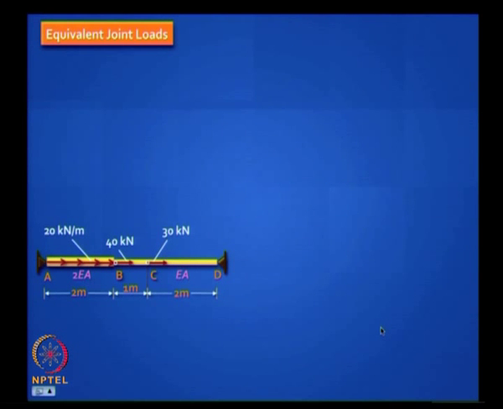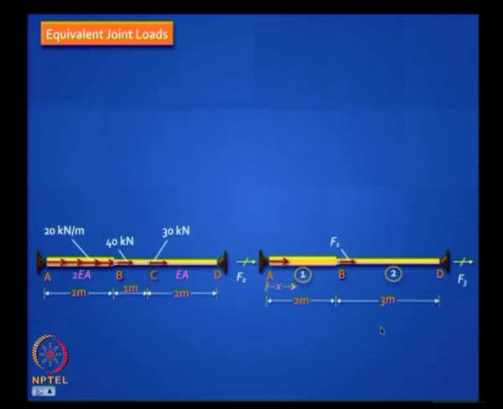What is the idea of equivalent joint loads? You want to get rid of the intermediate loads and replace it with something like this. Okay, what is the criterion by which it is really equivalent? The displacement, no, you will never get the same displacement field.